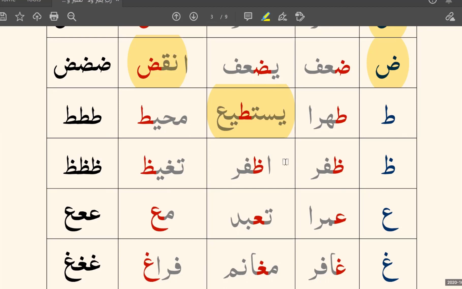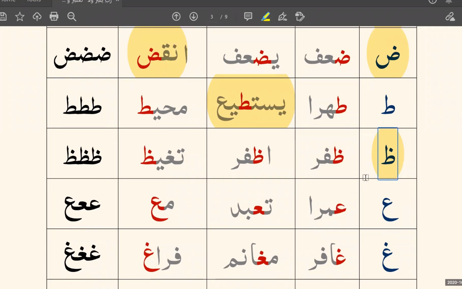Line? Which line? Where this is my cursor, under third line. Yeah. So, go.